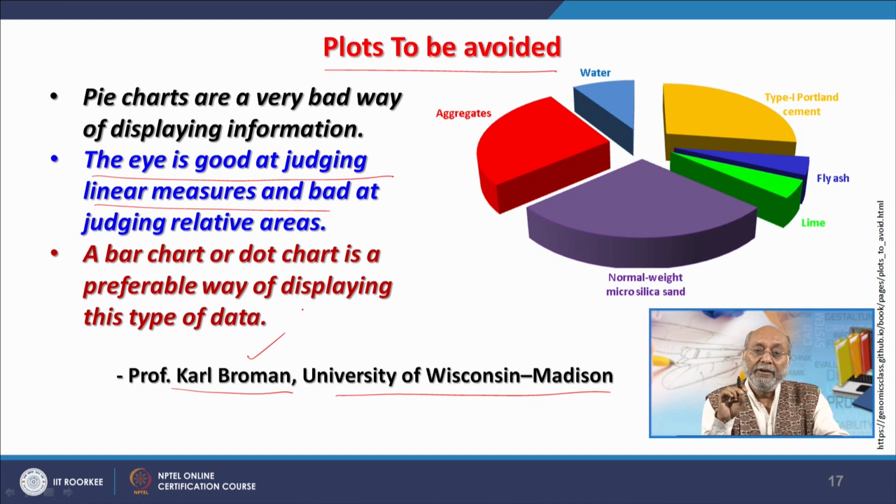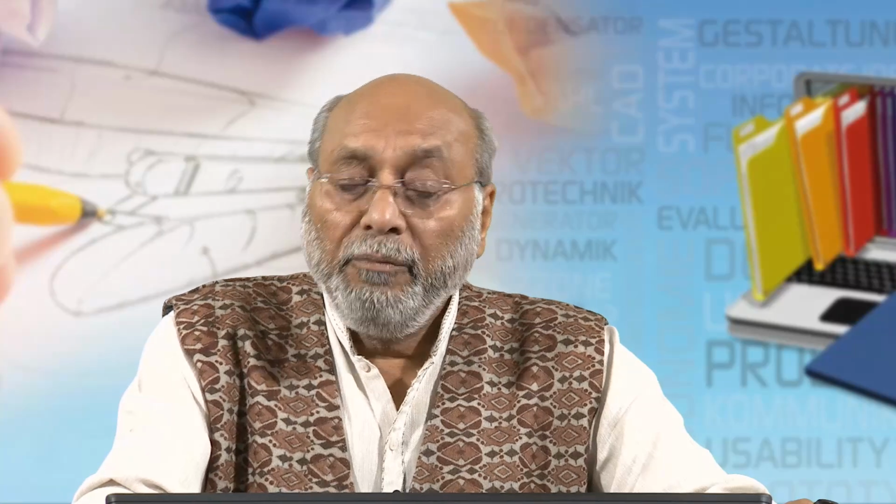So, comparatively, a pie chart is a little complicated compared to line graphs or bar charts, and therefore only in certain circumstances one should go for pie charts. Otherwise, try to display your data as far as possible using simple charts, simple figures, simple diagrams, like line graphs or maybe bar charts.